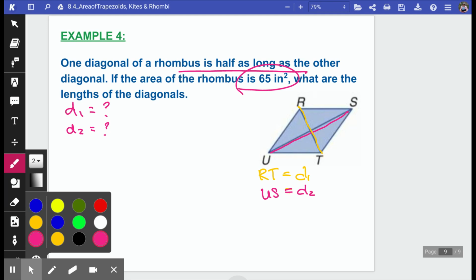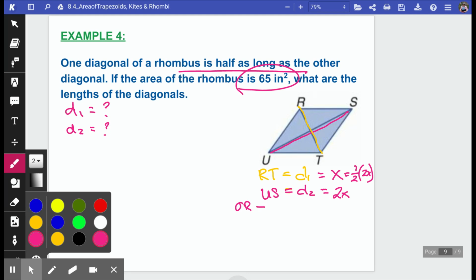Okay. So one diagonal of a rhombus is half as long as the other diagonal. So if I call the short one x, okay, so when we don't know what something is, we call it x, then instead of using a half, I could use 2x. Would you agree with me that RT being x and US being 2x, that RT is 1/2 of 2x? Doesn't that work? Okay, so I like to use it that way rather than thinking about fractions.